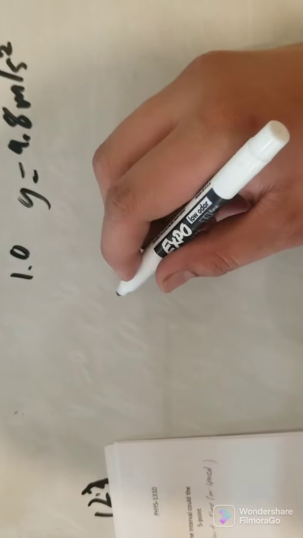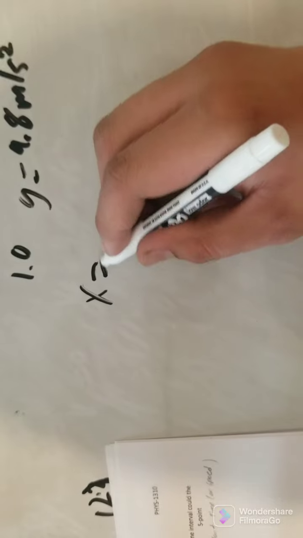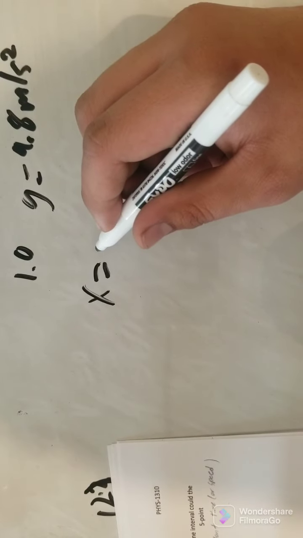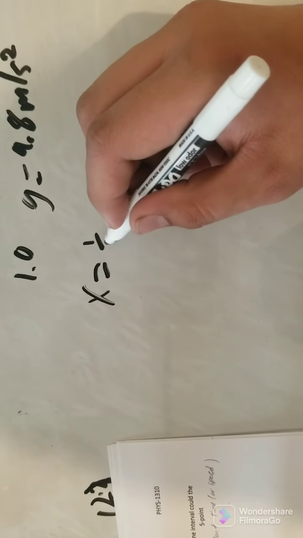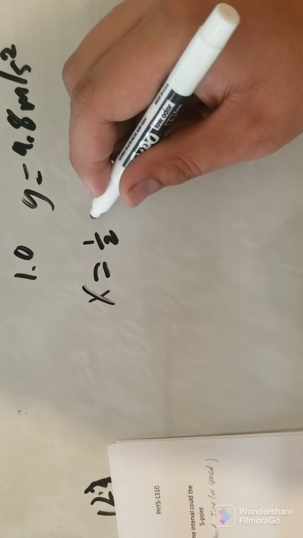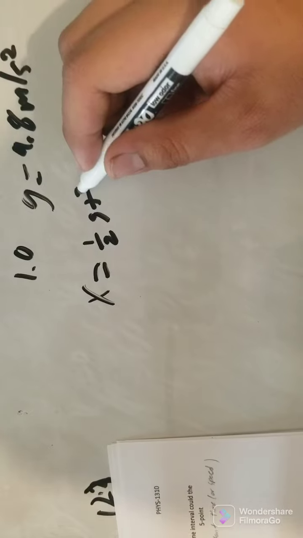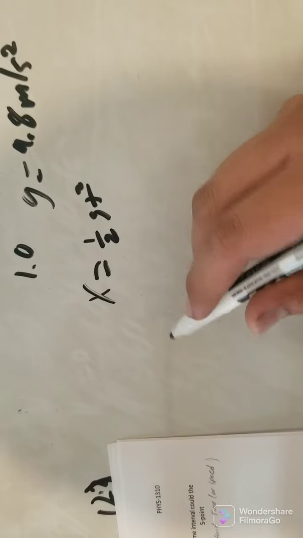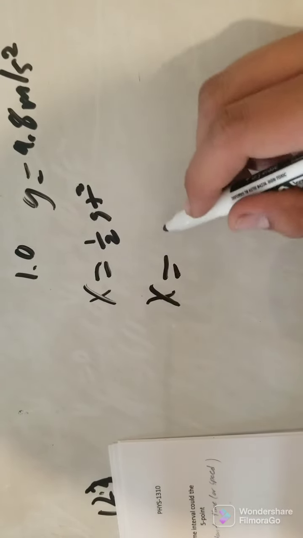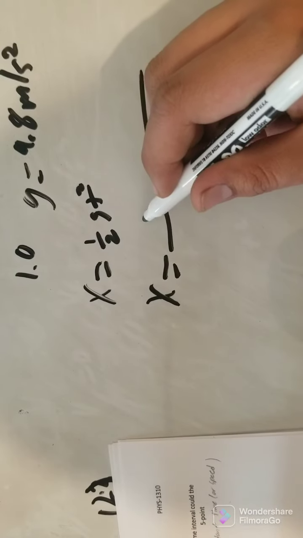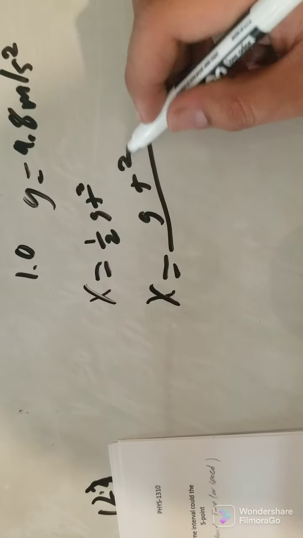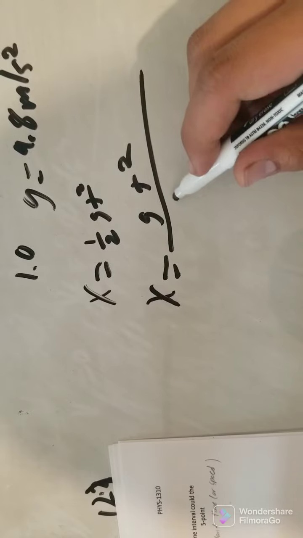So we've got to write out the formula for the first one, which is x equals 1/2 g t squared, which can also be written x equals g times t squared over 2.